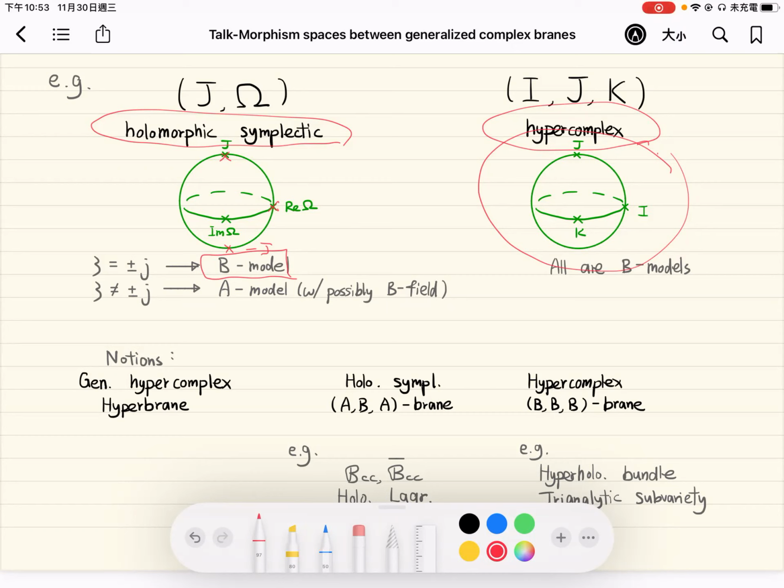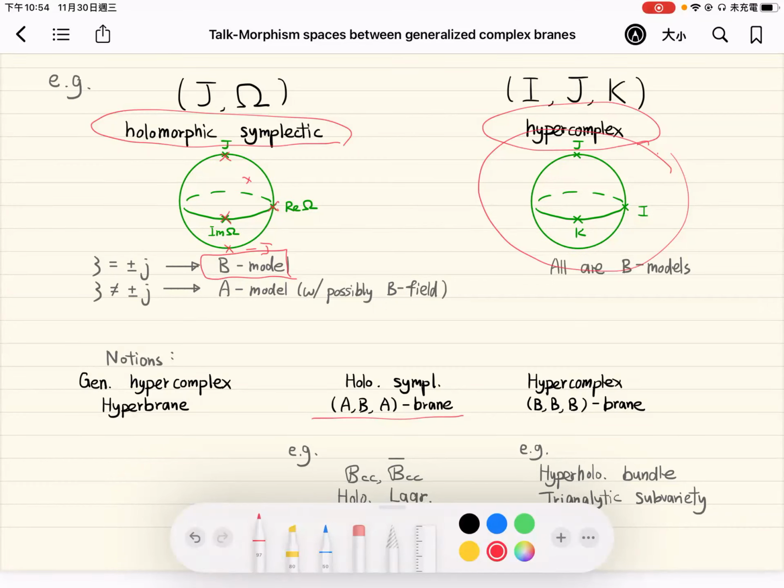So they represent an A model. Or you can also take the imaginary part of the omega. And if you pick other generic points except J and minus J, they also represent A models, but with possibly a non-vanishing background B field. So with these notions, we define an ABA brane to be a hyperbrane on a holomorphic symplectic manifold.